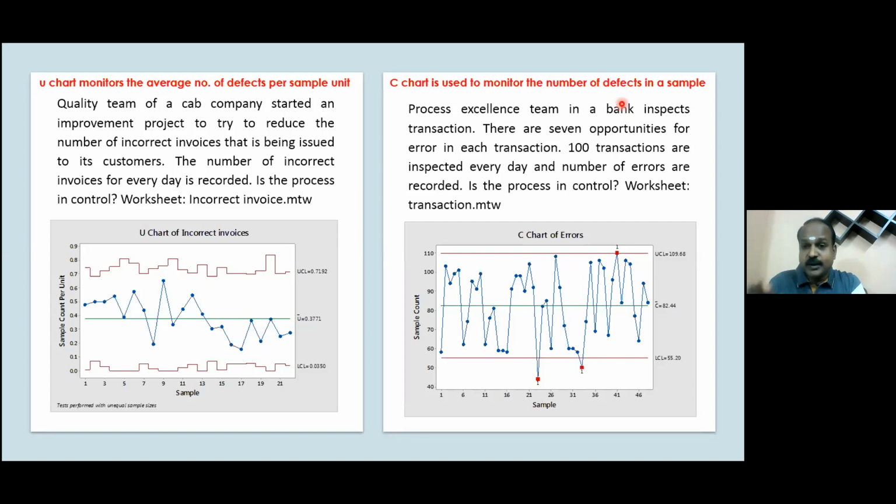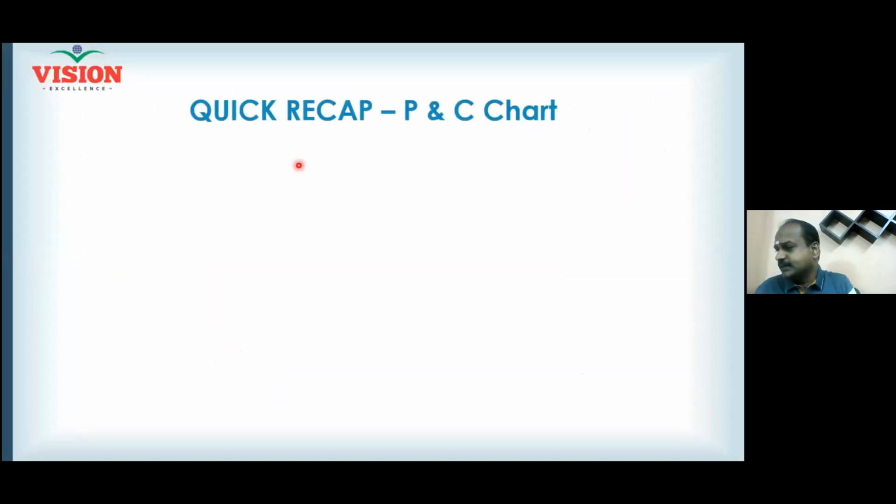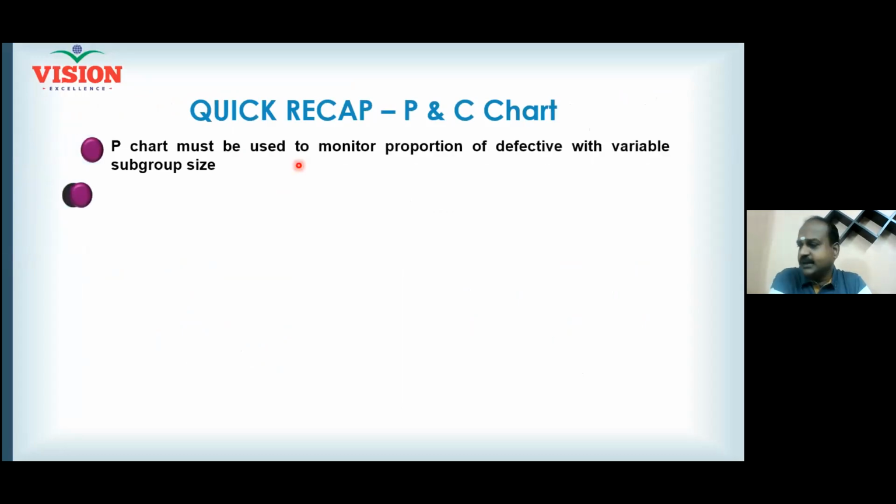That is why when you change the subgroup size, you have to go to the U chart, not the C chart, because the C chart monitors the number of defects in your sample. You can prefer it only when the sample size is constant. When the sample size is not constant, you go for the U chart. What is U? The number of defects divided by the number of samples. 2 divided by 3, right? You can understand better once you plot one control chart each.